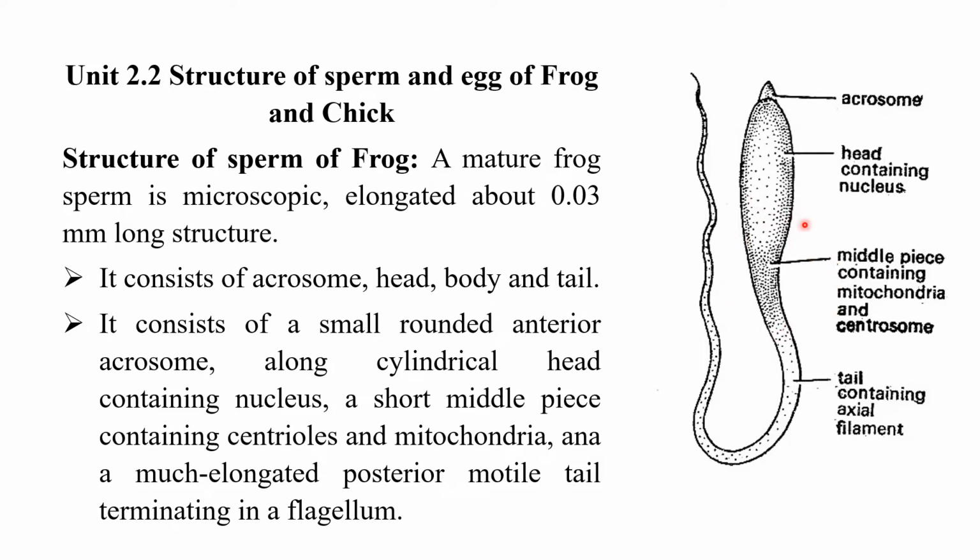And this part, the middle piece, consists of the centrioles that are very important for the formation of flagellum, and the mitochondria, which are responsible for generation of energy for the flagellum to produce the movement.